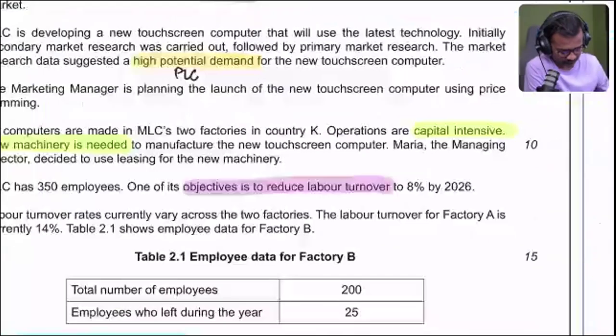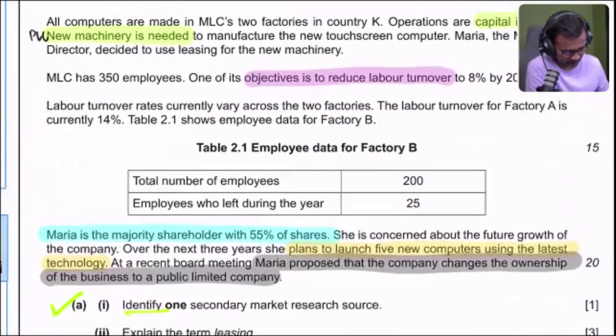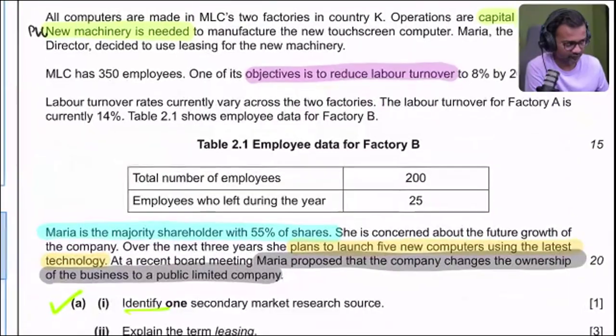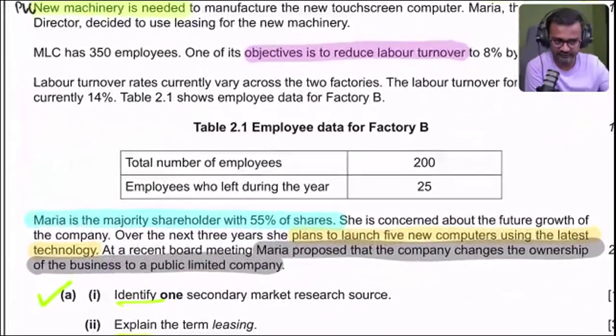So why don't we do a quick checkup of your understanding of labor turnover. If this is the information, if the question was given to you, could you tell me the difference in labor turnover between factory A and factory B?